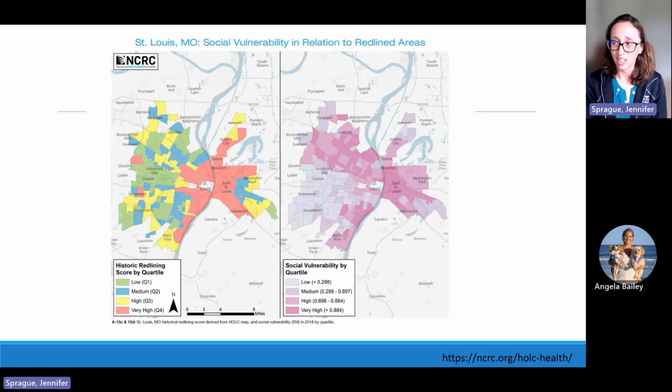And you can see, sadly, there's a pretty close visual correlation between the red and yellow in the redlining map and the higher social vulnerability in the more modern map. So what we did in the past influences what our patients have available to them now.